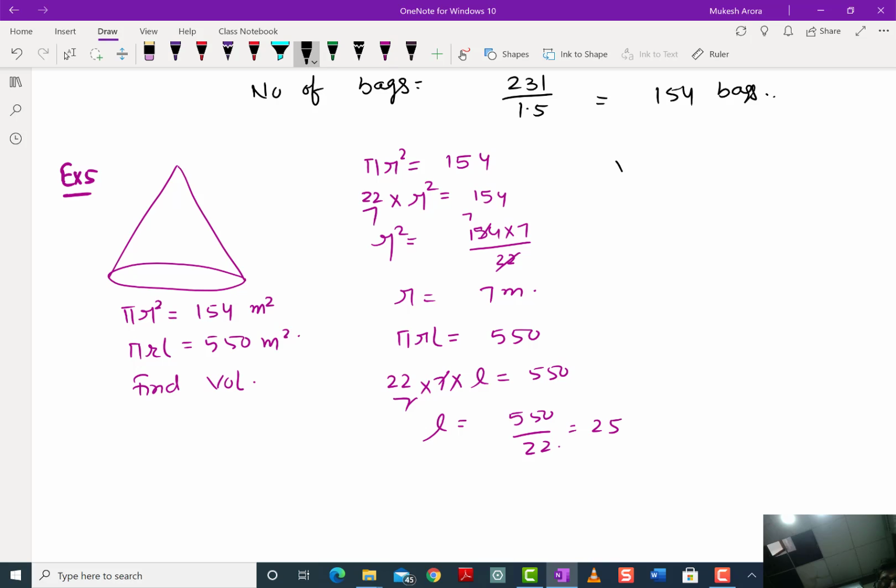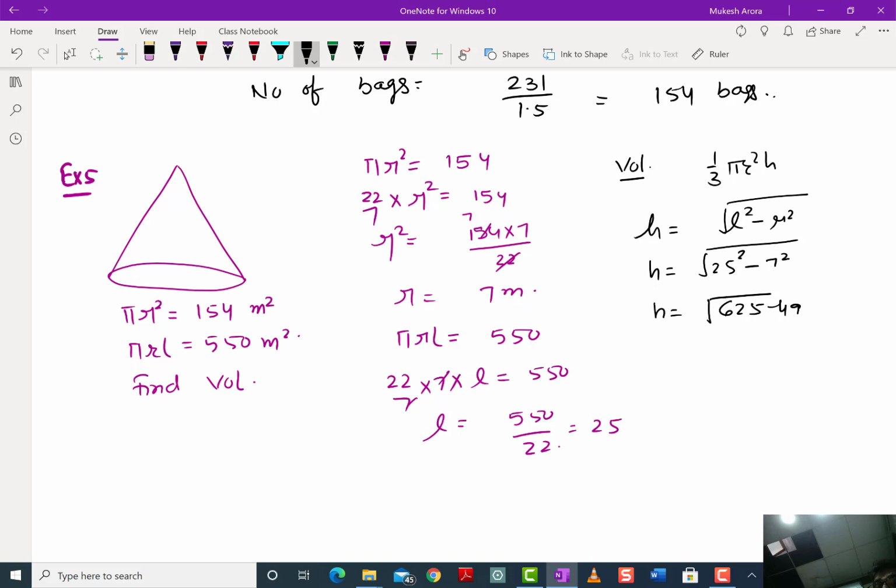We have to find volume, which is equal to 1 by 3 πr²h. So h will be the square root of L² minus r². So h is equal to the square root of 25² minus 7². So h is equal to 625 minus 49 is equal to 576. So h is equal to 24.